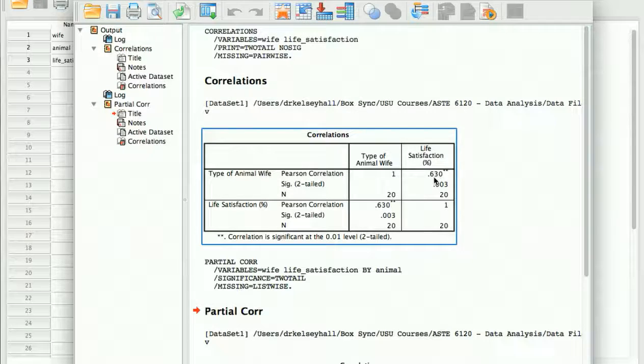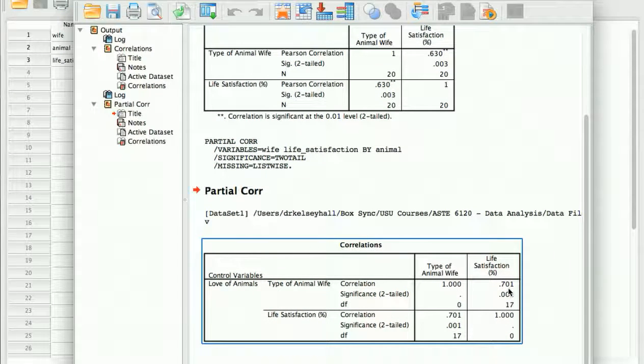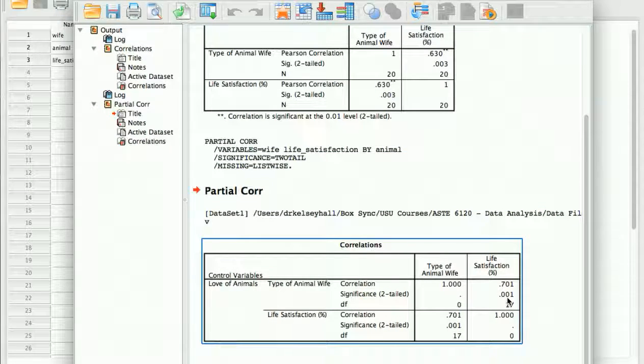So the partial correlation is actually greater than the correlation when the effect of animal liking is not controlled for. So the correlation has become more statistically significant. The p-value decreased from 0.003 to now 0.001.